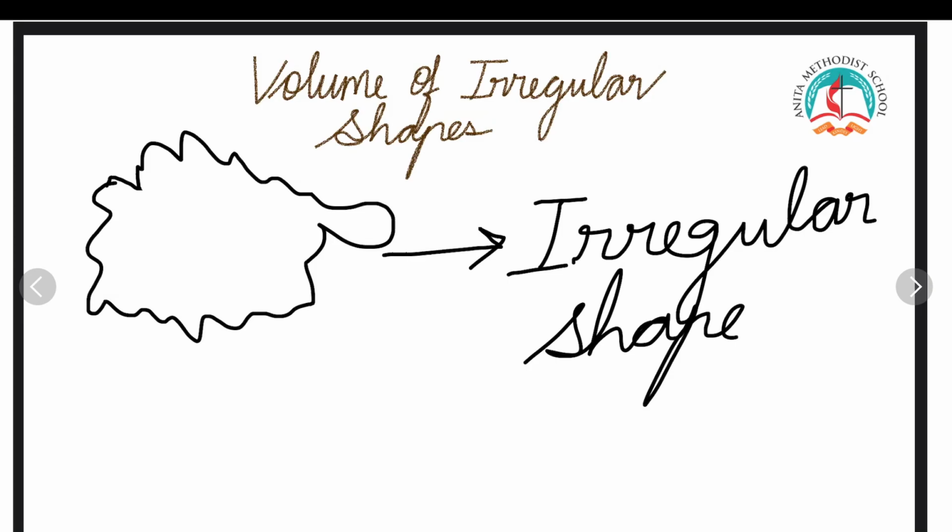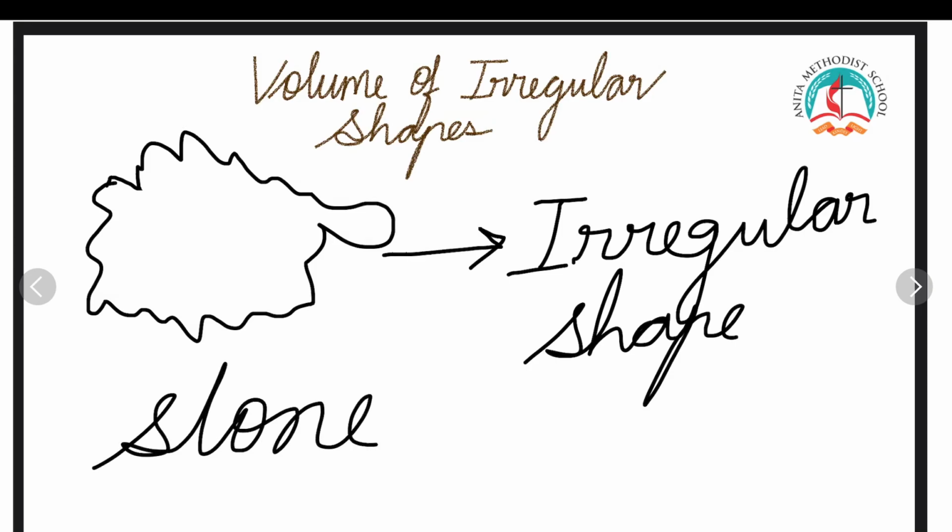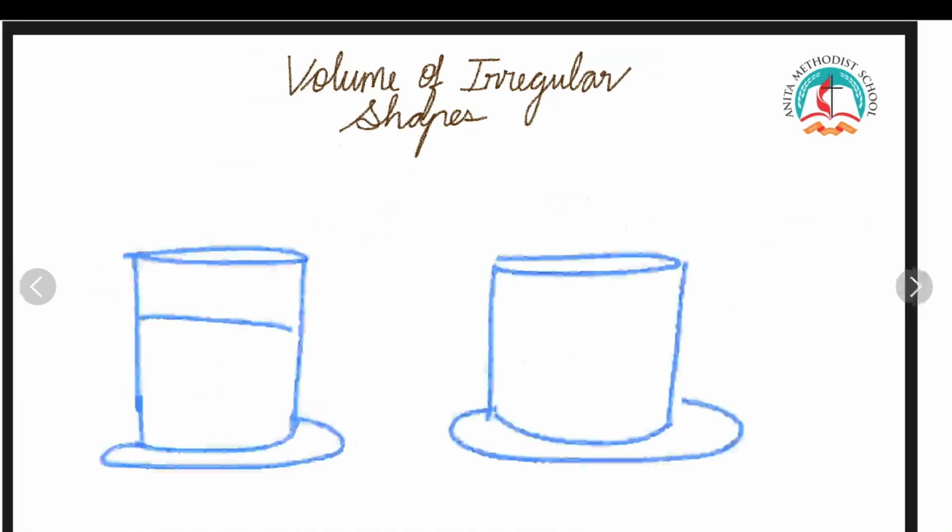For example, it is a stone. Now, their volume cannot be found by measuring their dimensions. It does not have a proper dimension. Let us see an example.